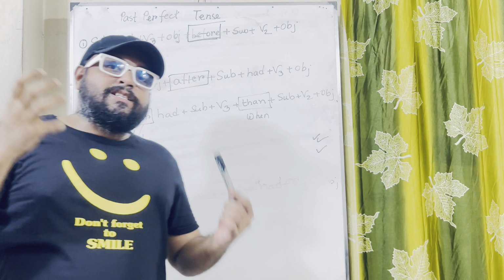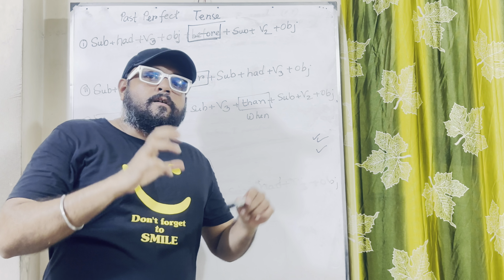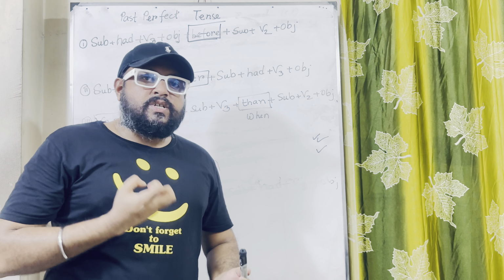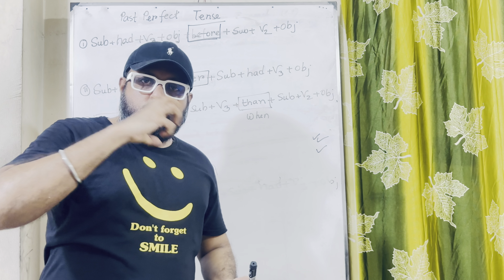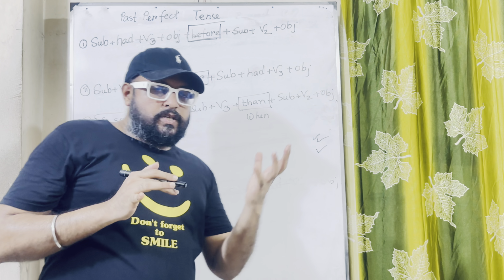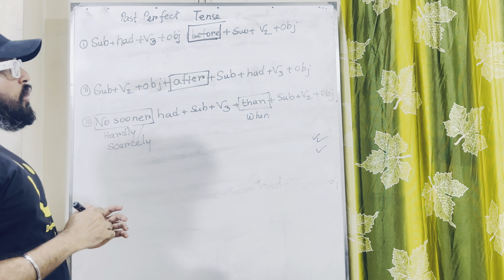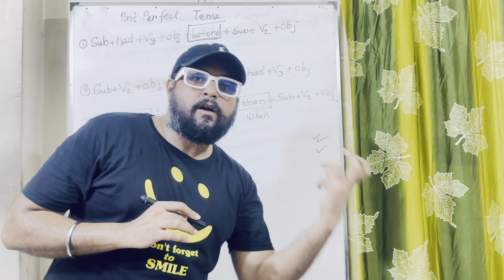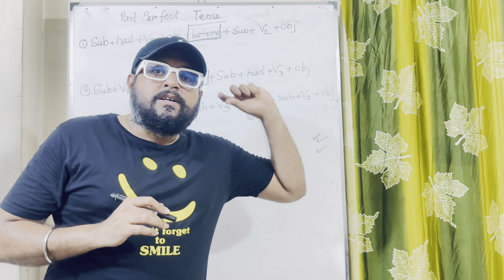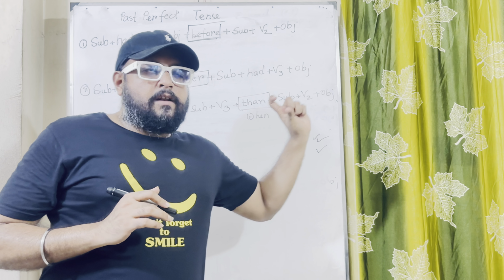You can use these two conjunctions to indicate the sequence of these activities, and you need to follow strict structure. That means it's not up to you that you can write according to your wish. No, never. It follows very strict rules and structure.